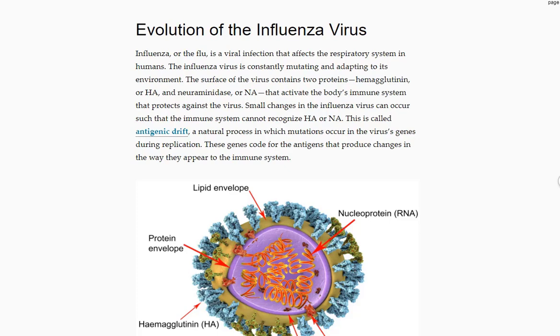The way a virus tries to outwit its host is by changing its outward appearance. When you are infected with the flu, let's call it flu strain A, you get infected, you get sick, but eventually your body recognizes it as an invader.